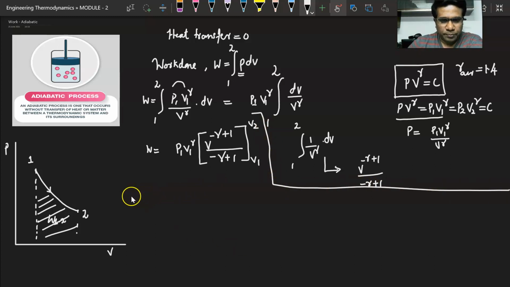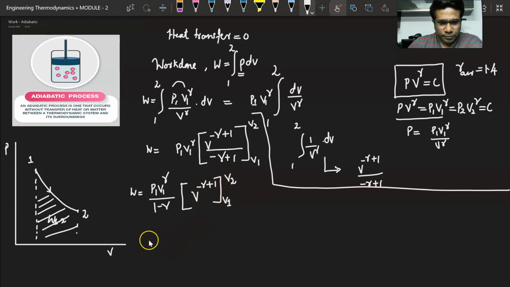Now, again I can apply the limits here. For that I am again taking W is equal to P1 V1 raised to gamma by minus gamma plus 1, taking this outside, which is now equal to V raised to minus gamma plus 1 in the range V1 to V2.